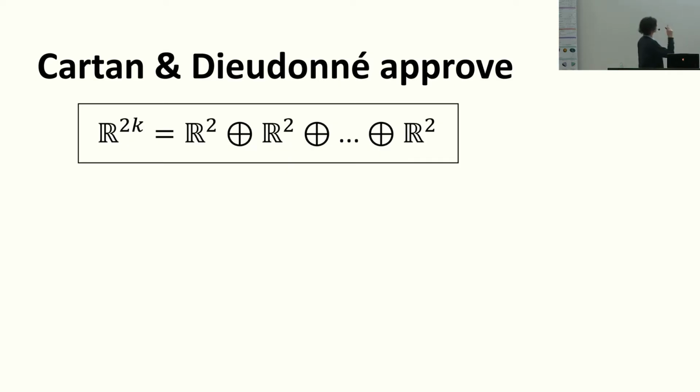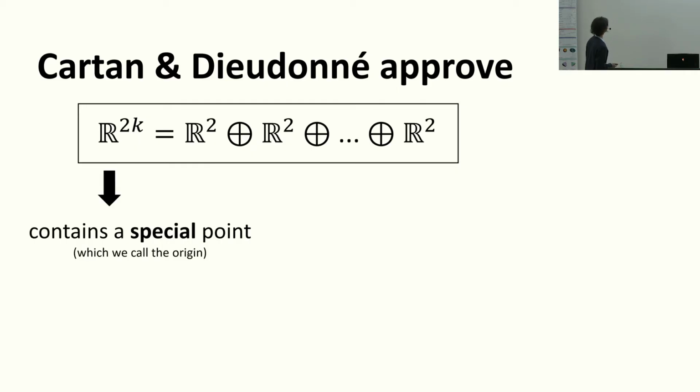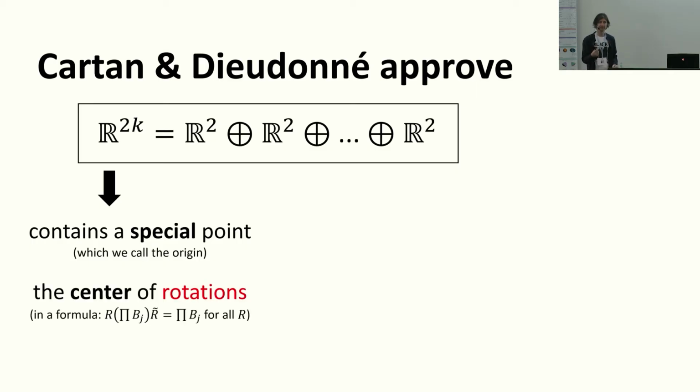Now, these people would approve of this kind of introduction, Cartan and Dieudonné. Now, on the one side, we have R^2K, our 2K-dimensional space, in which we single out a very special point. Because this is not always stressed, but when you do rotations, there's always a choice involved for the point that is not affected by these rotations, the center of rotations. So that is a very special point.